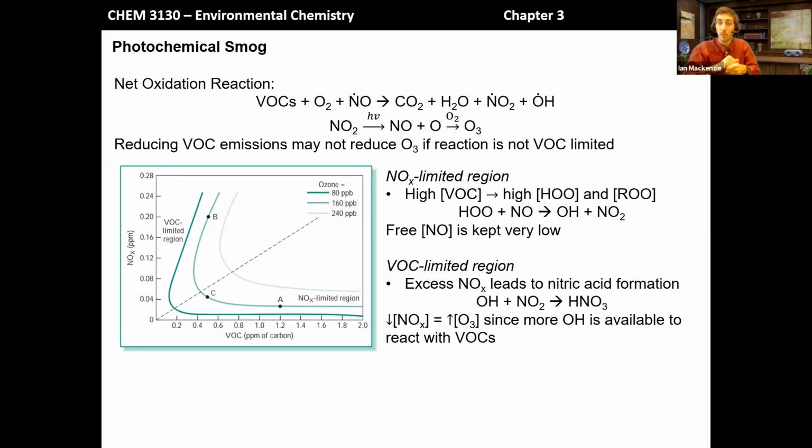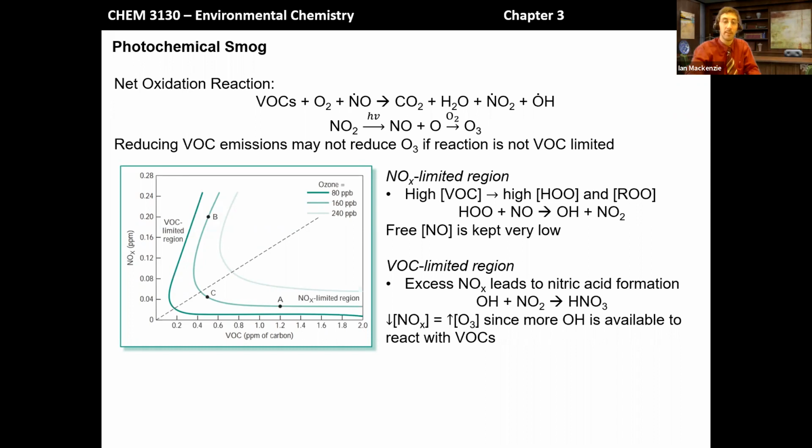It's a little counterintuitive, but that's essentially because of this reaction between nitrogen dioxide and hydroxyl radical that removes hydroxyl radical from the equation. If you decrease the concentration of NO2, you end up increasing the overall concentration of ozone.